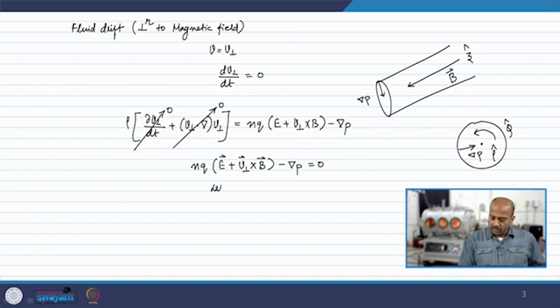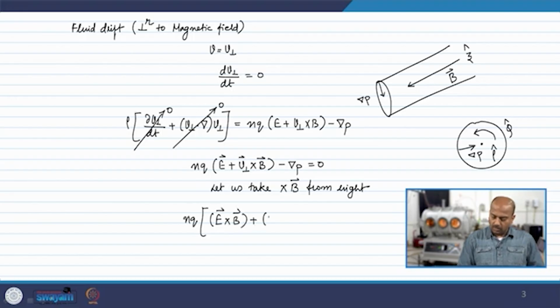Let us take the cross product with B from the right. Then we have n q times E cross B plus v perpendicular cross B cross B, minus del P cross B is equal to 0.